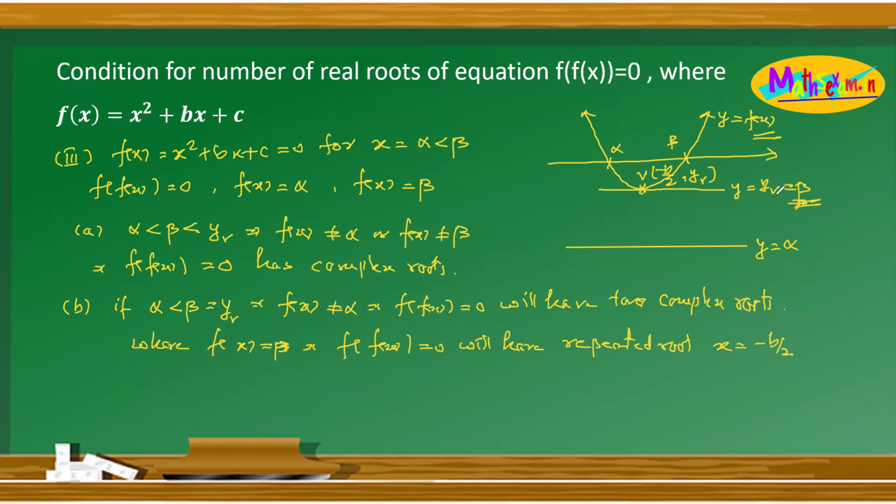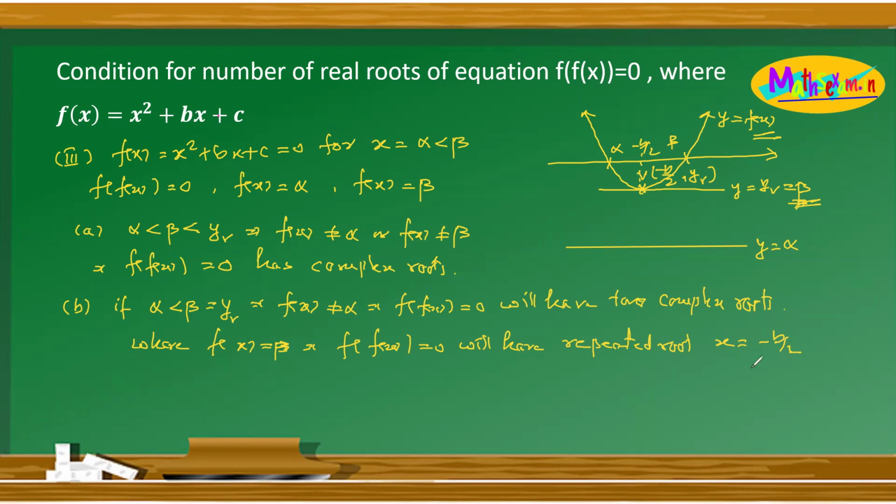and this root will be nothing but minus b by 2. Okay, that is nothing but the y coordinate of this point, which is nothing but corresponding to this point, that is minus b by 2a. So that is x is equal to minus b by 2 will be the root.